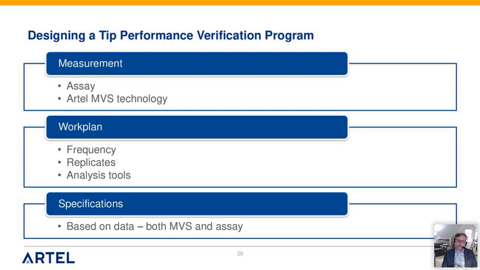So that's the frequency, the number of replicates, and then the analysis tools, how it is you want to analyze your data. And then this is the part that a lot of times people forget. It's designing the specifications. Again, this is based on data, both MVS and your assay. So we'll talk about that in the next couple of slides here.